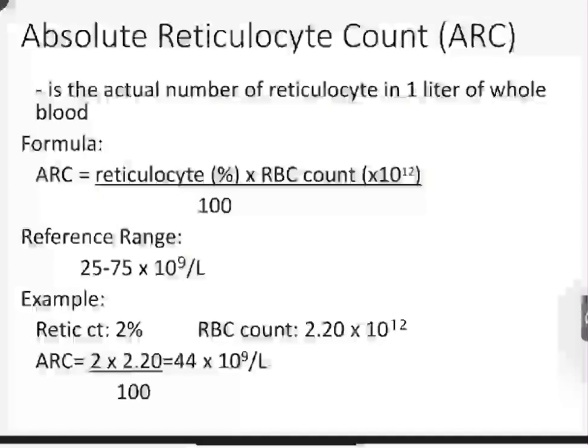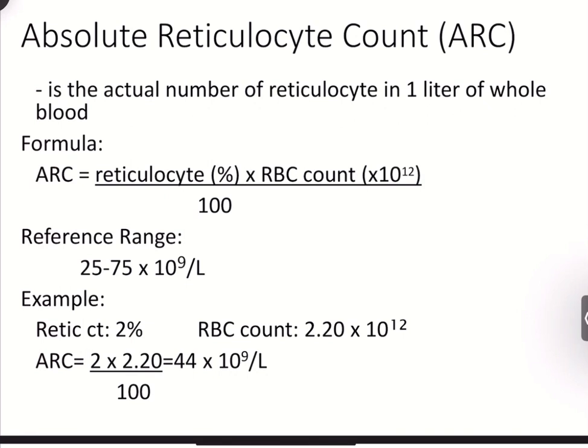We do have the absolute reticulocyte count or ARC. This is the actual number of your reticulocytes per 1 liter of blood. This is computed through your reticulocyte count in percent times the RBC count over 100. The reference range is 25 to 75 times 10 raised to 9 per liter. It is per liter because we are assessing per 1 liter of your blood.